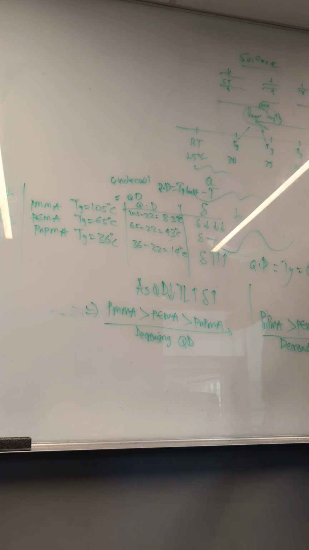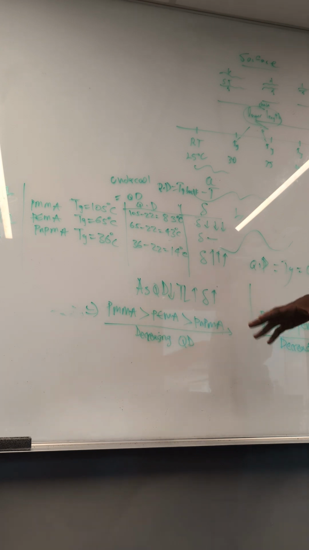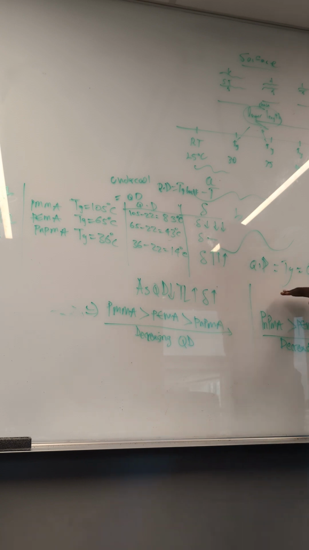TG is like that step function in a DSC. I think it's a competing effect between changing from that very crystalline region to now kind of mobile. Once you're getting closer to TG, your molecules just want to move around.